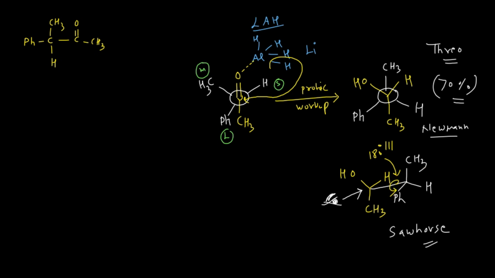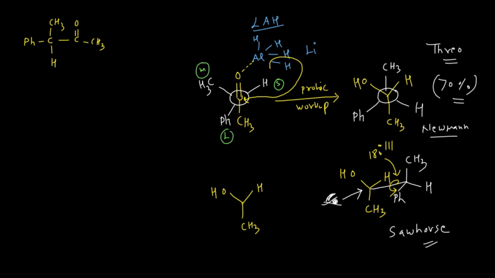So after 180 degree rotation, the front carbon will not change because I have fixed the position of the front carbon. Okay, that means I was holding this particular carbon and rotating this particular bond.